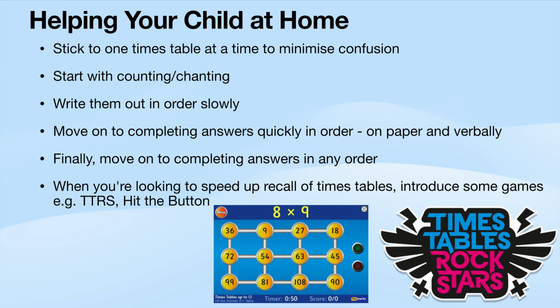And let's say they're doing the 3s, for example, they could do the 3, add 3 method and know that the next multiple is 6, and then add another 3 and get 9. There are lots of different ways that they can build that up as they go. And creating the times table and formulating it in your head makes it a very memorable experience for the children as they're working through. So writing them out in order slowly, no time pressures.